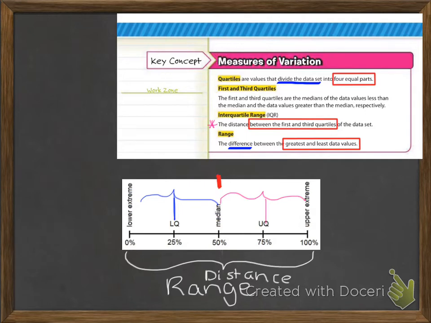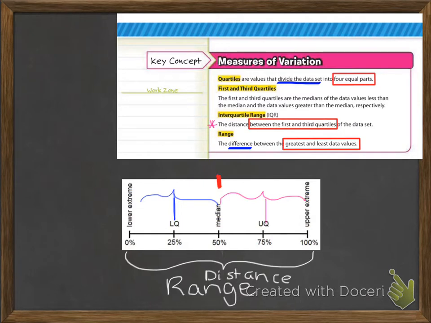It divides your data set, so your numbers, when you have them all lined up, it divides them into 4 equal parts. The first and the third quartile. So what I've done here is in blue, I've shown you the way that these are broken up. So the median is something that you do know how to do from the last section. That's at the 50% mark. And basically, what the first quartile is, that's the 25% mark.